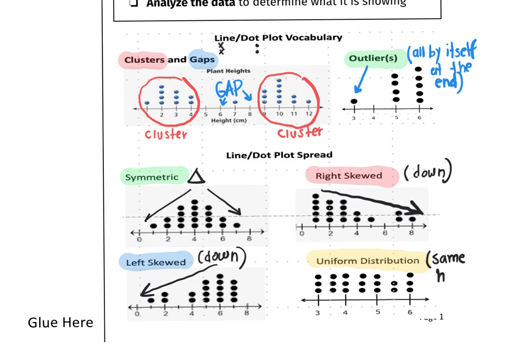It's uniform, it's the same. Okay, so make sure you know when they ask about the word spread, it's really important, highlight that word spread. That means it's the way the dots are sitting.